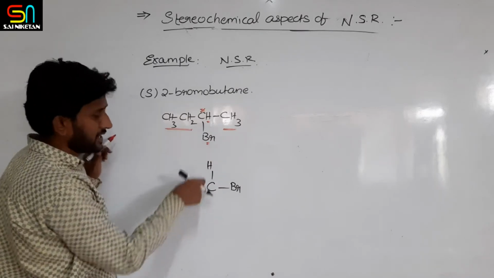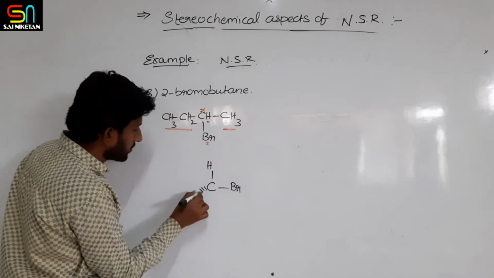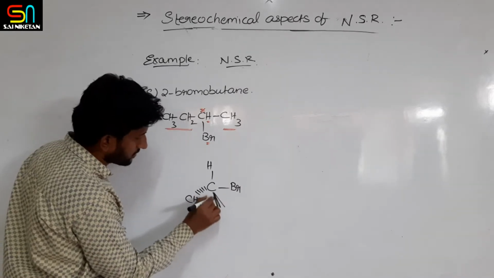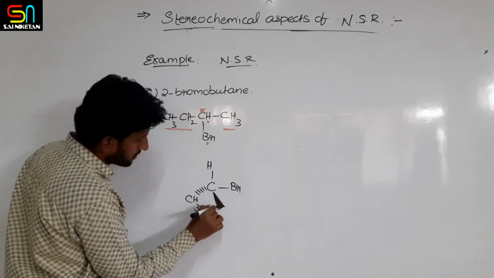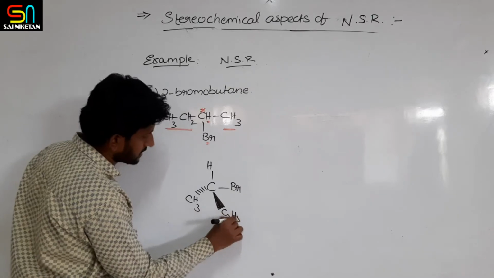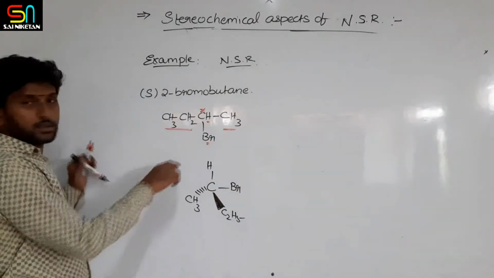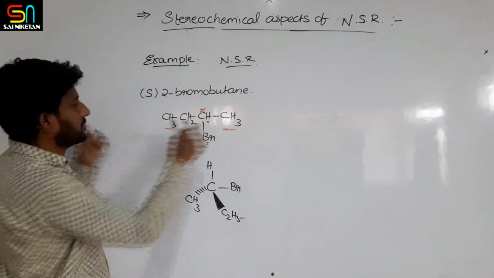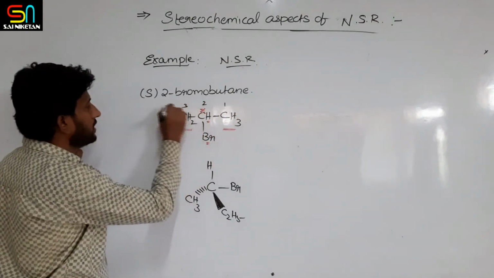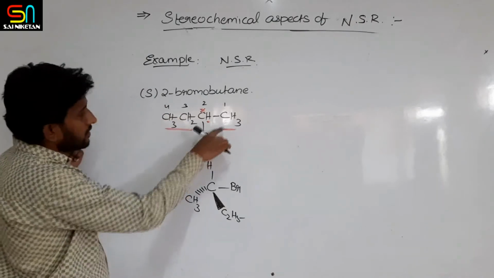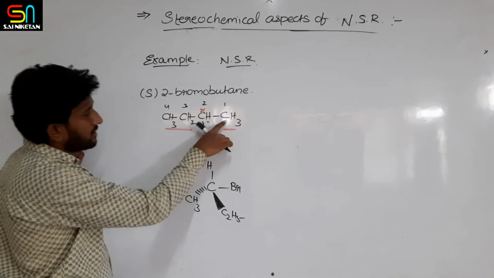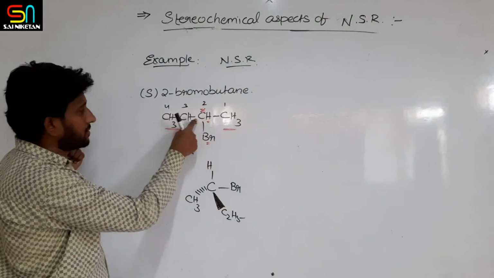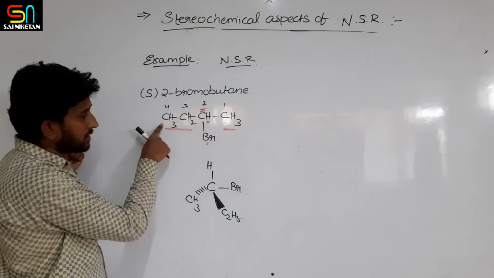So I am writing here one methyl group and one ethyl group. You understood how I wrote the structure? This is 2-bromobutane, means numbering I am doing from this side. 1, 2, 3, 4, right? First carbon is achiral, second carbon is the chiral carbon, third and fourth are also achiral.